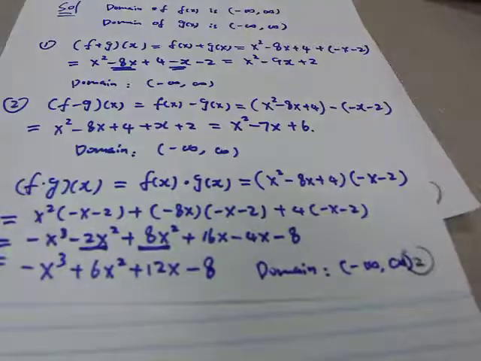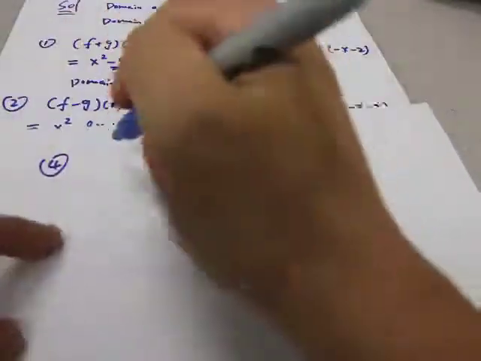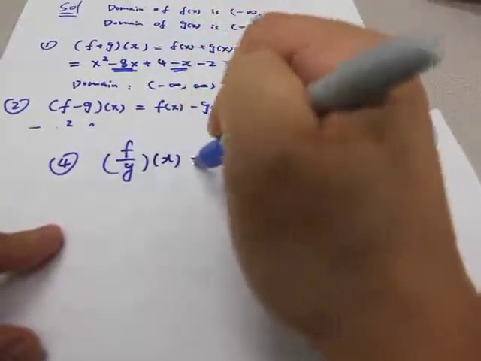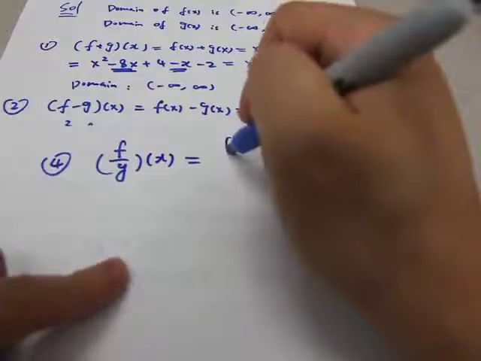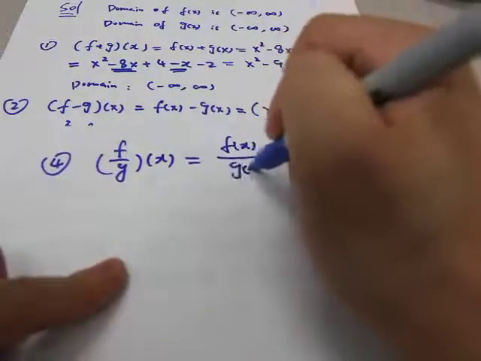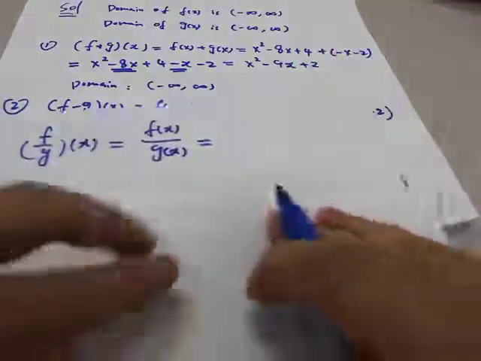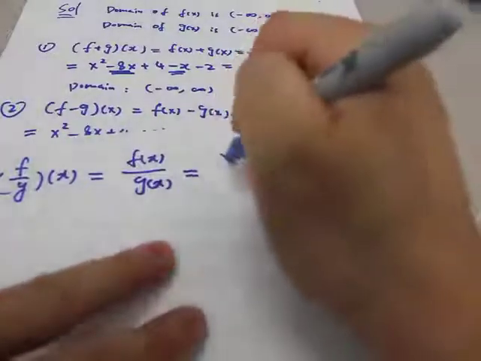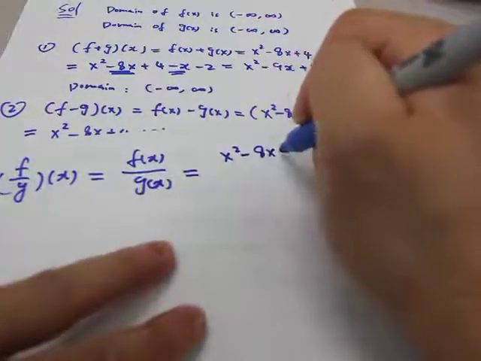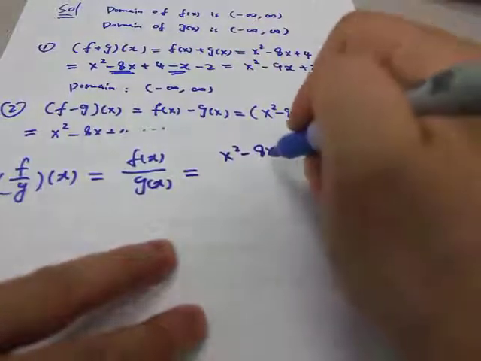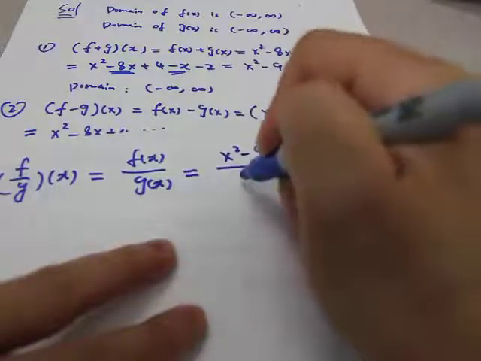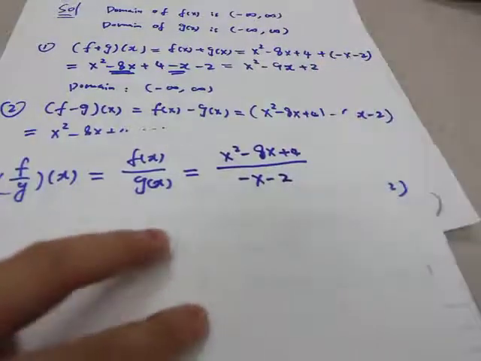Okay, now let me do the quotient function. The quotient function is equal to f(x) over g(x), which is x squared minus 8x plus 4 over negative x minus 2.